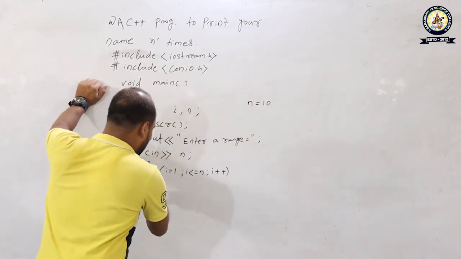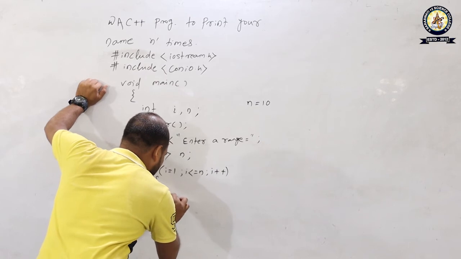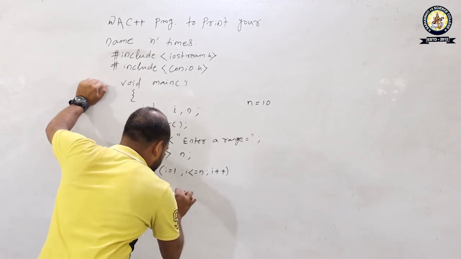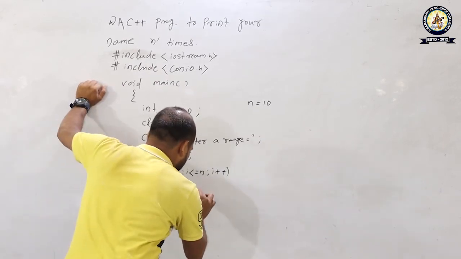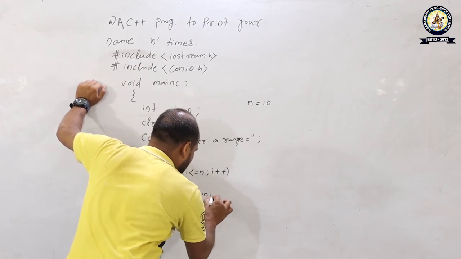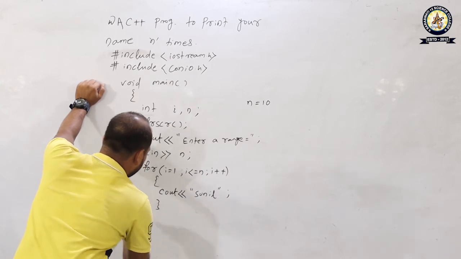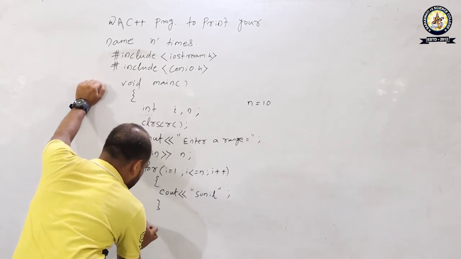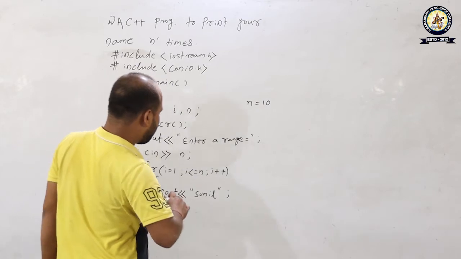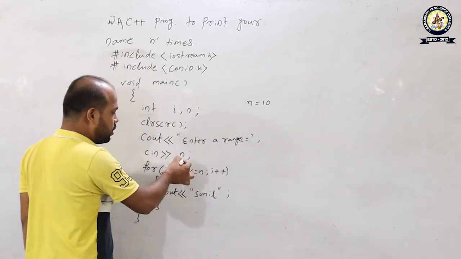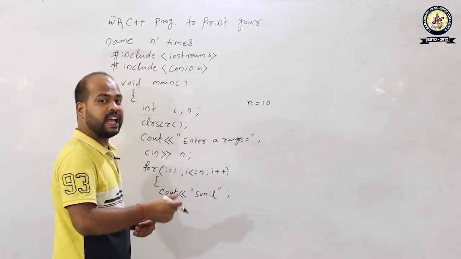Then in the for loop block, I want to display my name. Suppose my name is Sunil. I want to print Sunil. Then close the block. Now I am going to discuss how the name prints 10 times.